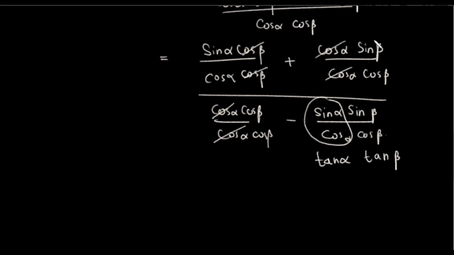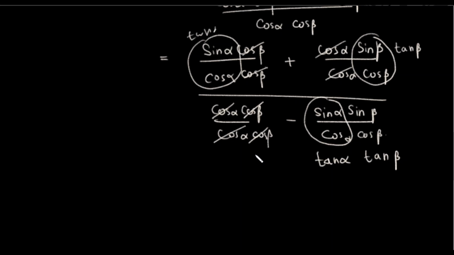In the denominator, the remaining cosine alpha cosine beta divided by cosine alpha cosine beta cancels out and gives 1.